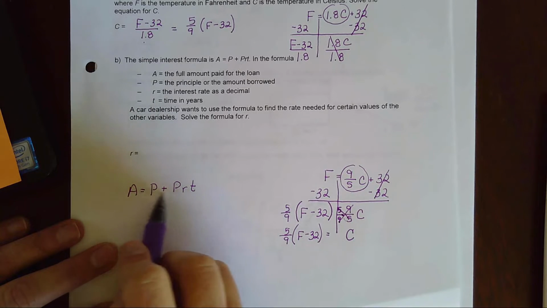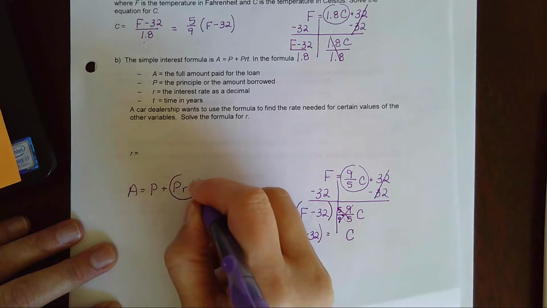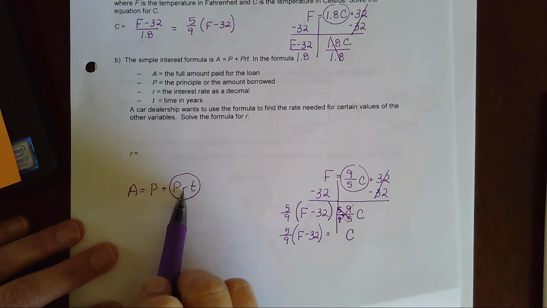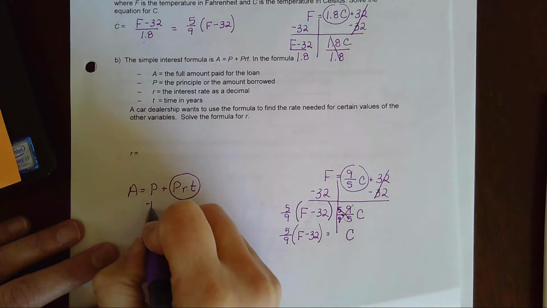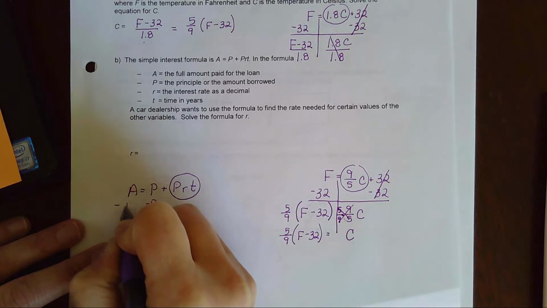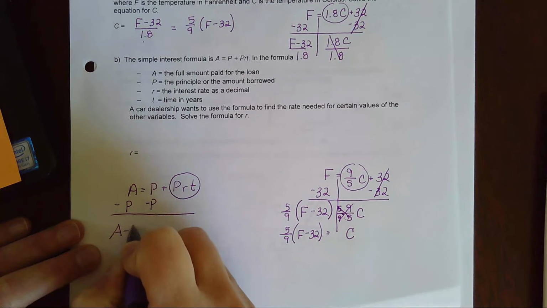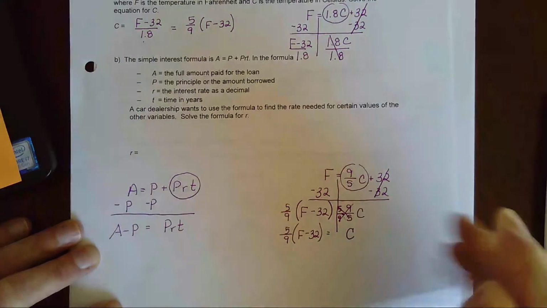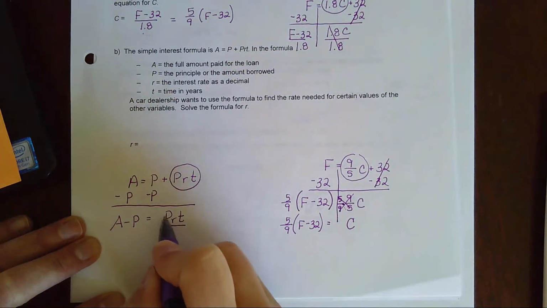So they said rearrange this so that R is by itself. I always circle the term that we're interested in, the one that has the R in it. So let's undo that plus P. And remember, we can't combine anything. Then to undo multiplication, see these are all being multiplied?